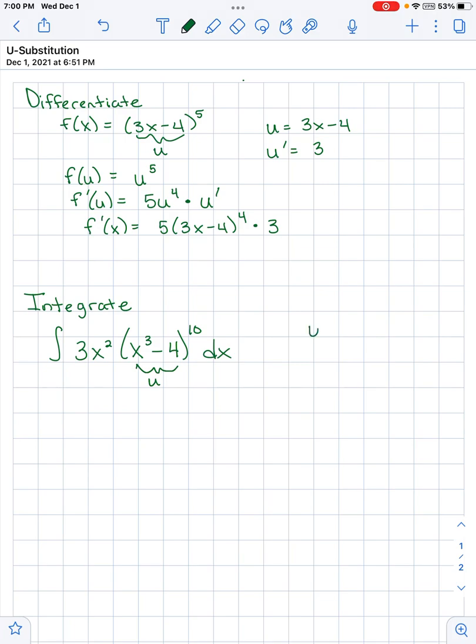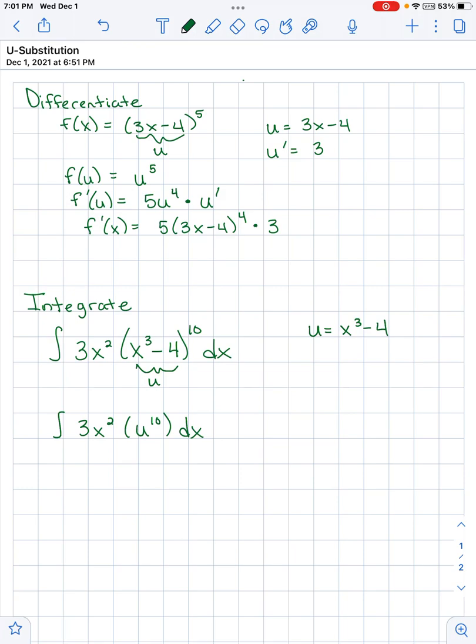So if I let u equal x cubed minus 4, then what I can do is rewrite this expression as u to the 10th power. The problem is now we have a u in our integral and we have x's in the integral, so we need to change this so that everything is in terms of u.